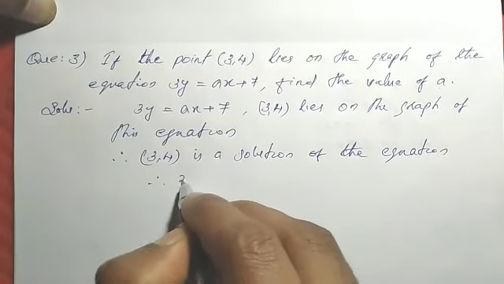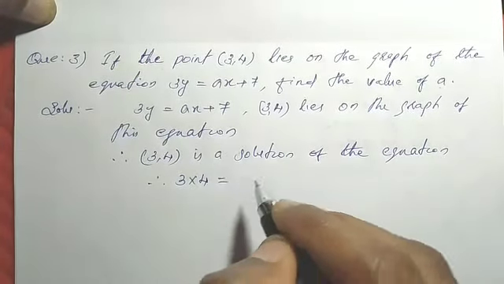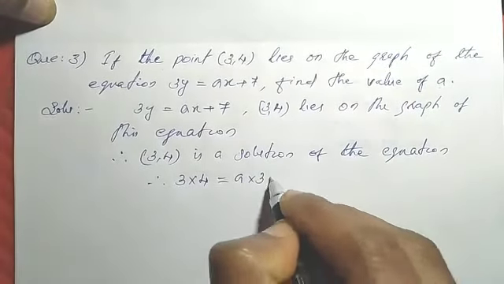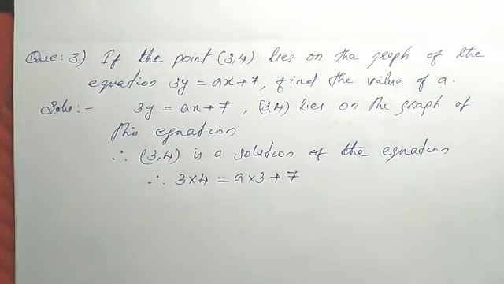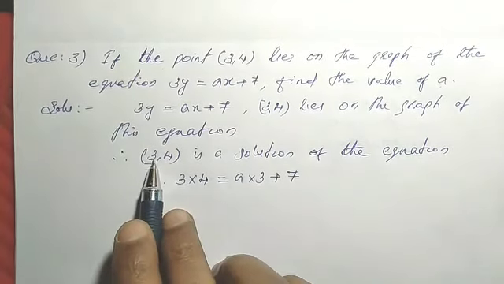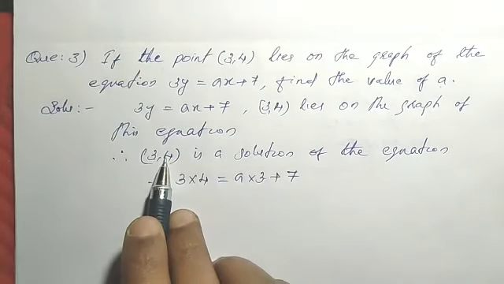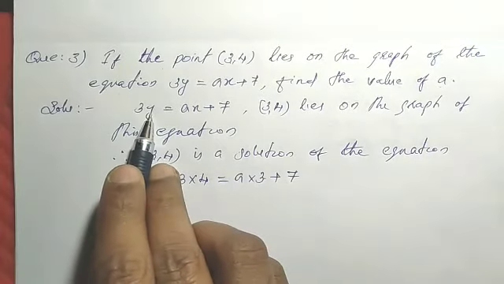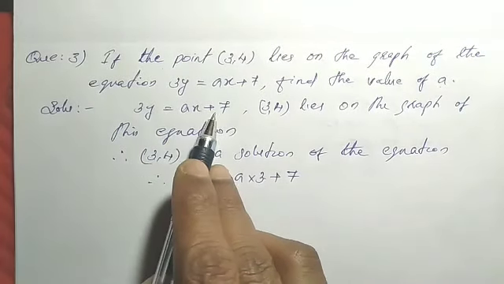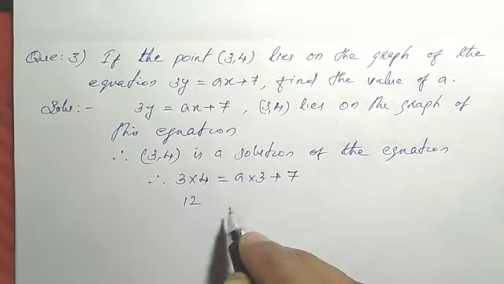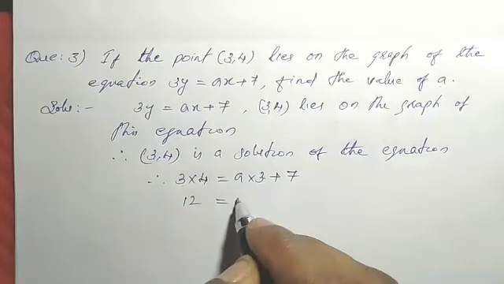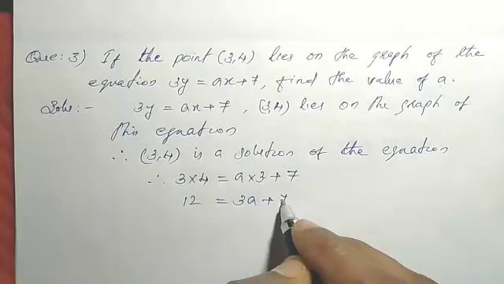Therefore we can write 3 into 4 is equal to a into 3 plus 7. In place of x I have substituted 3, and in place of y I have substituted 4. 3 4s are 12 is equal to a into 3, that is 3a plus 7.